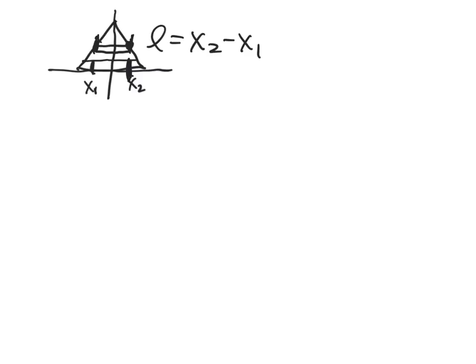As we consider different slices, how do the x values change? What are they based on? It's going to be on this line and on this line. Okay, so we need the equations of those lines.